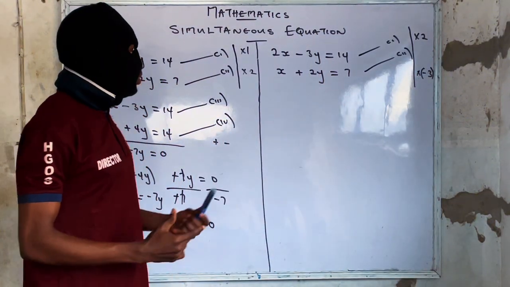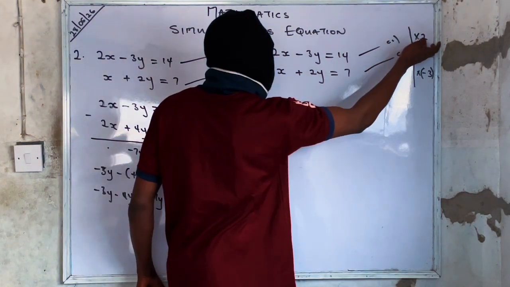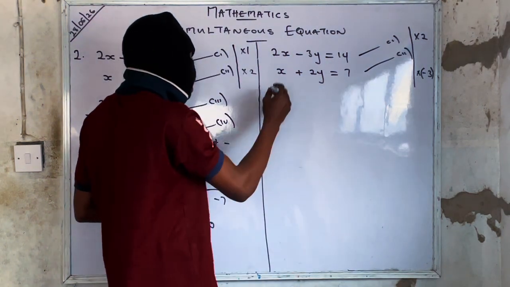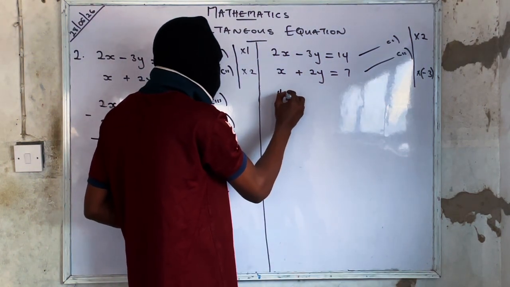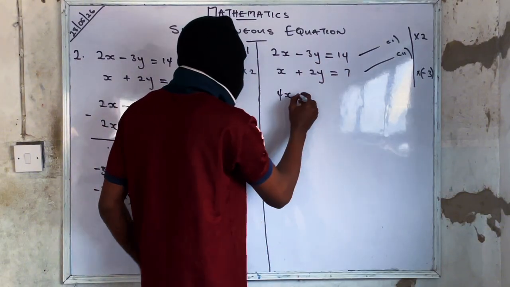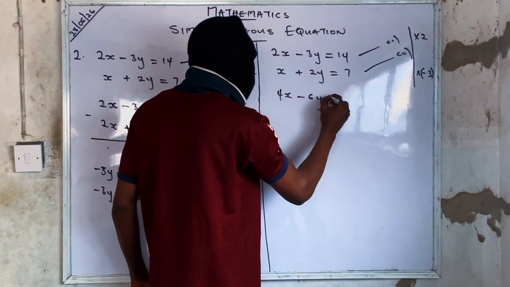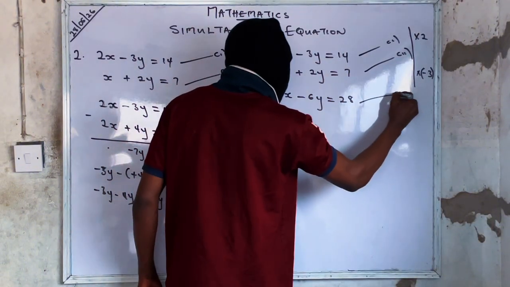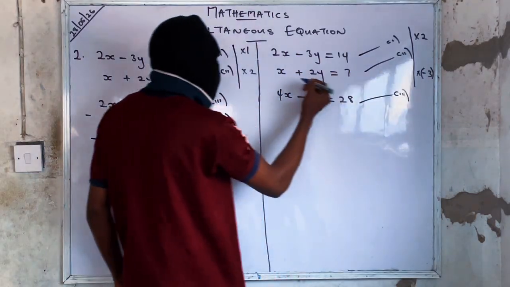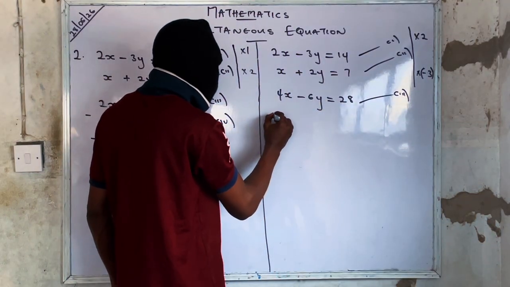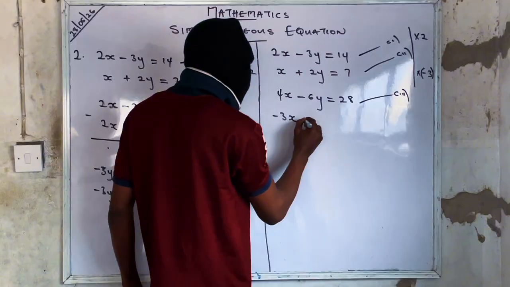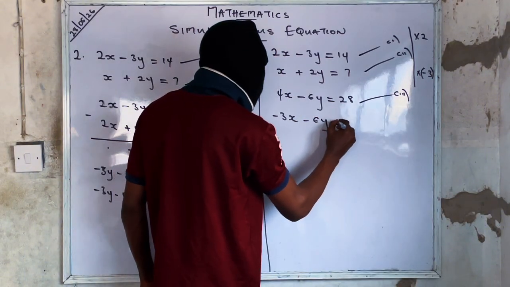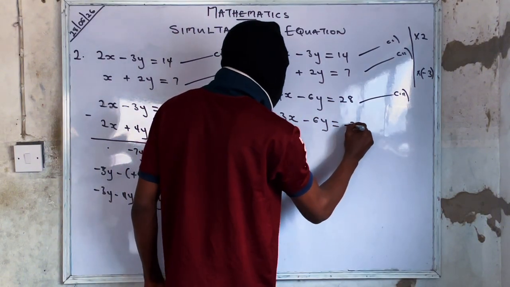Now what are we going to do? So we have these 2 times 2x, it will give us 4x. Then we have minus 6y equals to 28. That is your equation 3. Then you have the minus 3x, then you have minus 6y equals to minus 21.